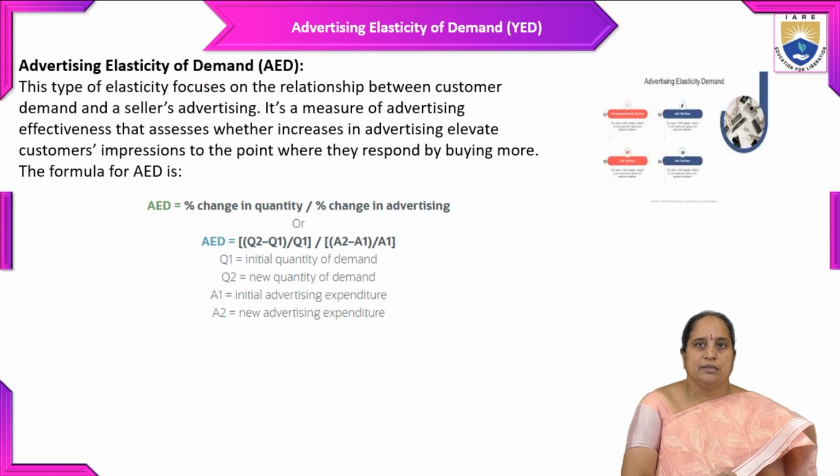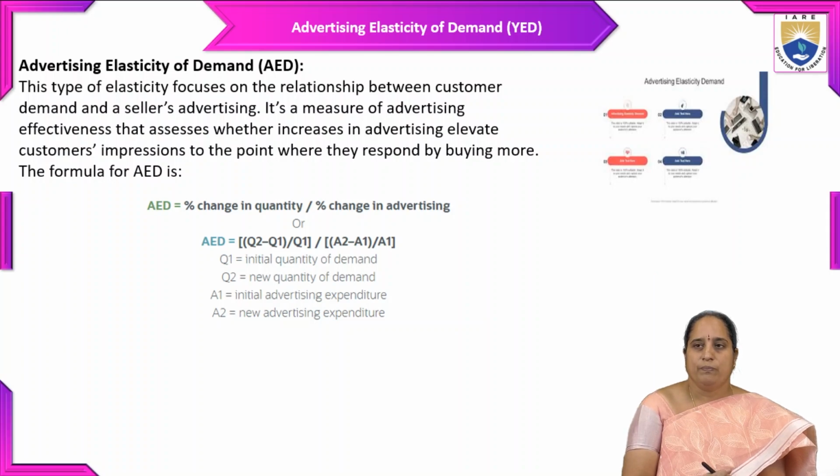The next category is advertising elasticity of demand. This type of elasticity focuses on the relationship between customer demand and a seller's advertising. Whenever you want to maximize your sales, first we need to create some kind of awareness about our goods and services, and for that we need advertisement. It is a measure of advertising effectiveness that assesses whether increases in advertising elevate customers' impression to the point where they respond by buying more.